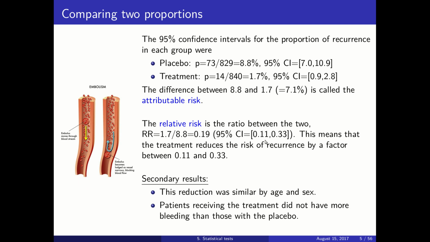So from our study, we may learn some other features, but these other features are secondary results. For instance, the reduction is similar by age and sex, or patients receiving the treatment did not have more bleeding than those with the placebo.